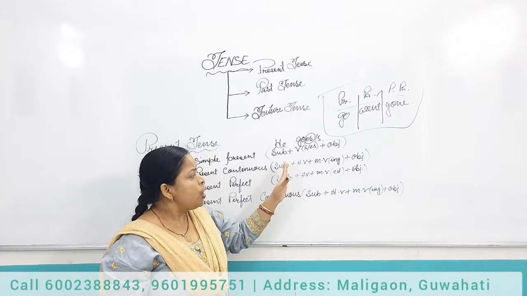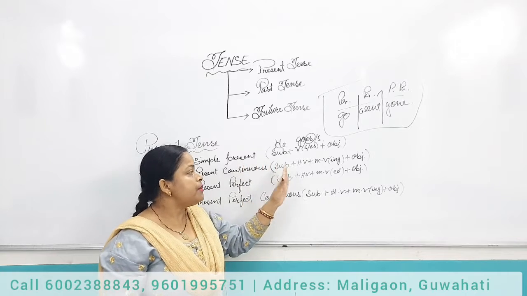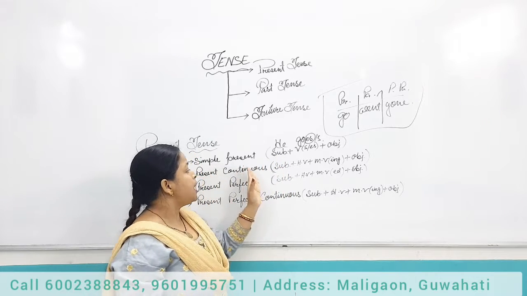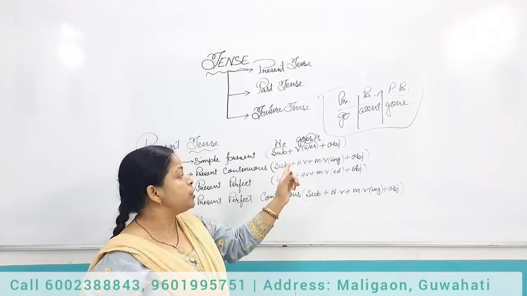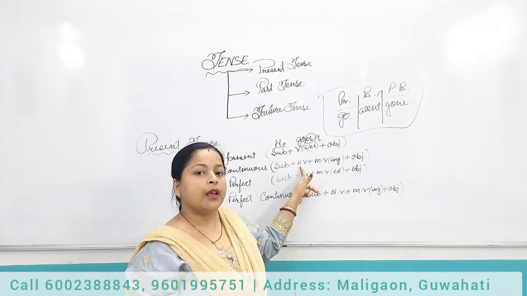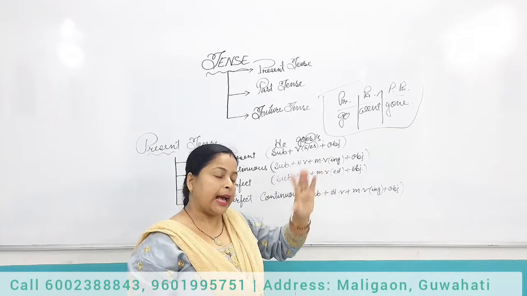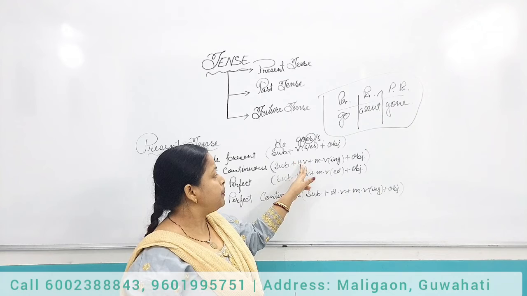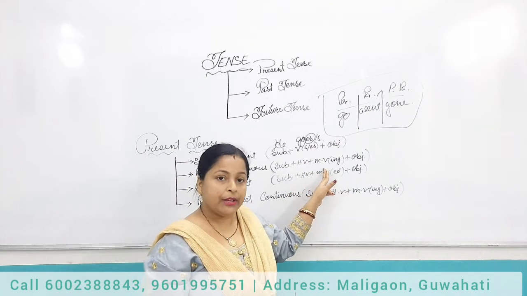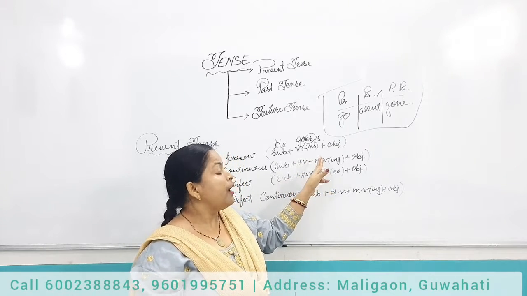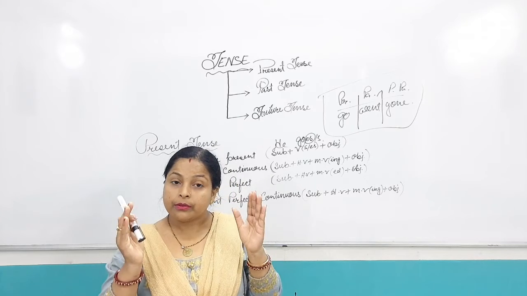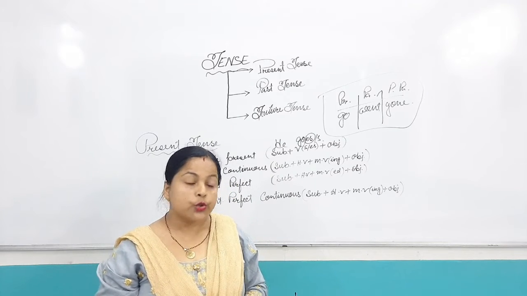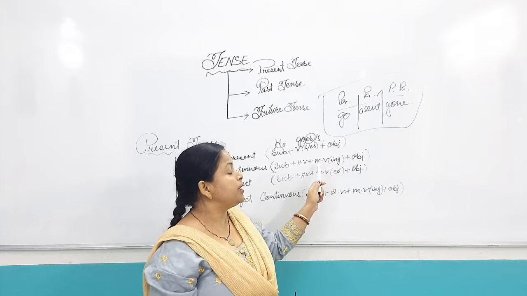Okay. So when we are framing a sentence of present continuous tense, we should use a helping verb. Subject plus helping verb plus main verb obviously should be there, but the main verb will be of which form? We should use ing with the main verb.